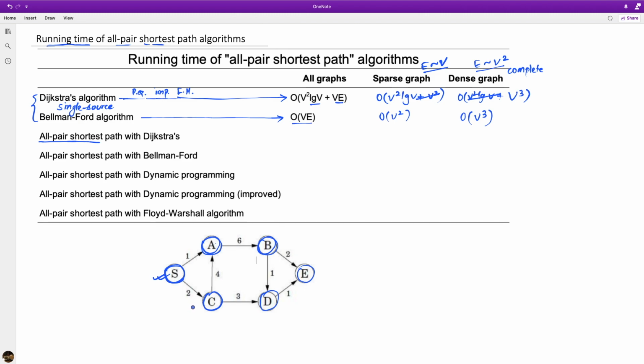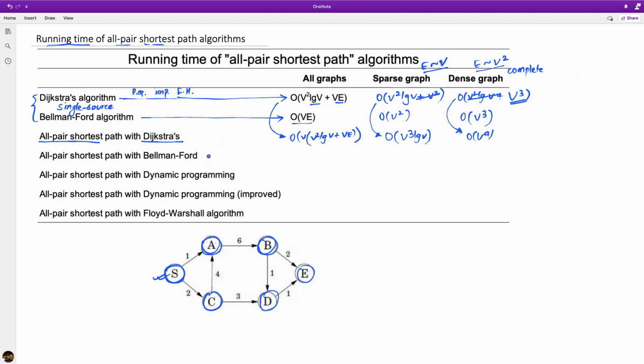If we simply do that using Dijkstra's algorithm, then the time complexity becomes V times V squared log V plus VE, big O. In the case of a sparse graph, this becomes big O of V cube log V. And in the case of a dense graph, this becomes big O of V to the power 4, because V cube run V times becomes V to the power 4.